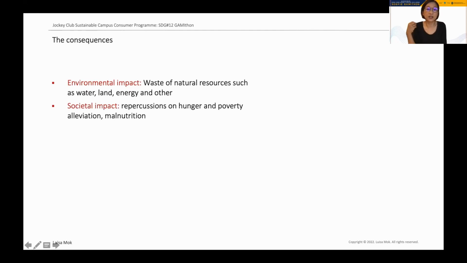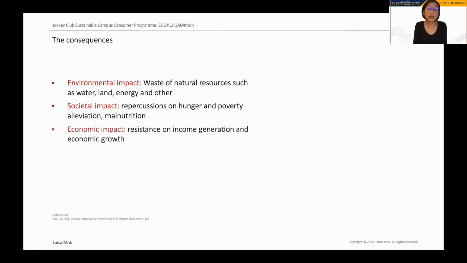Because we are wasting food while at the same time some people are hungry, there is the societal impact of malnutrition. So they don't have enough nutrition. And also if we are wasting food, of course we are also wasting money in growing them and wasting money in selling them. So this is the economic impact.